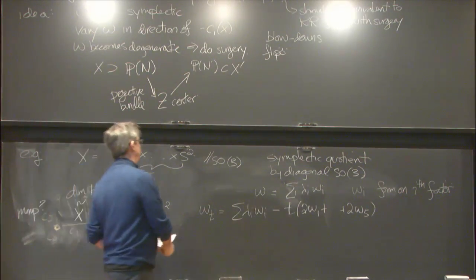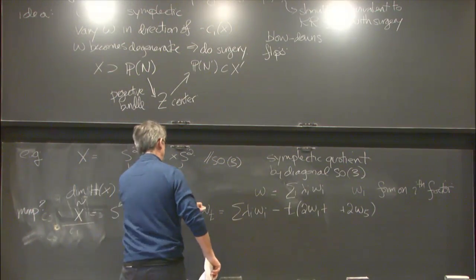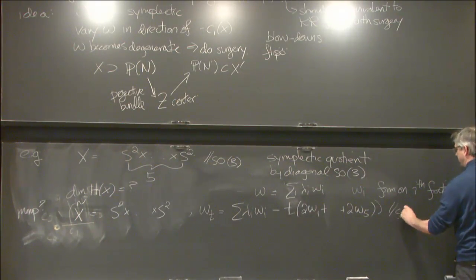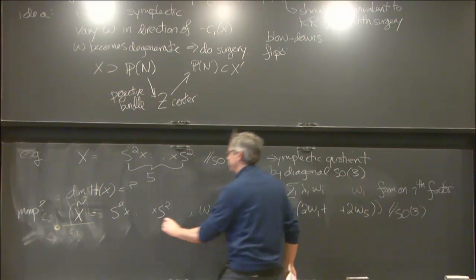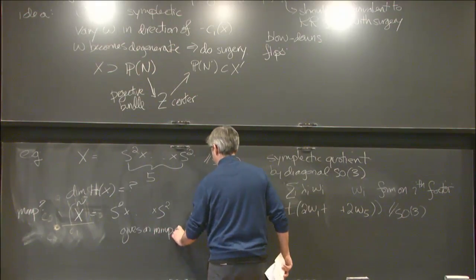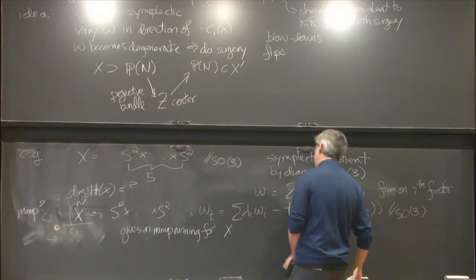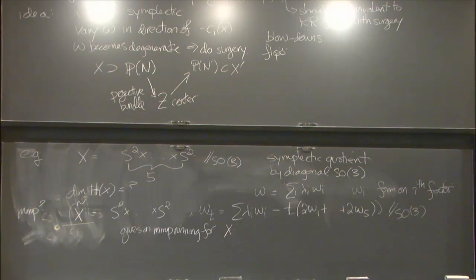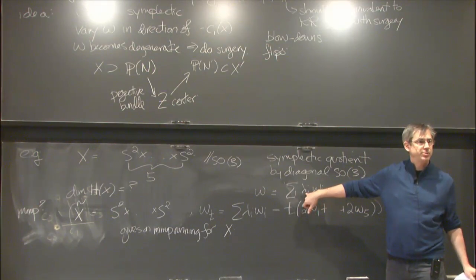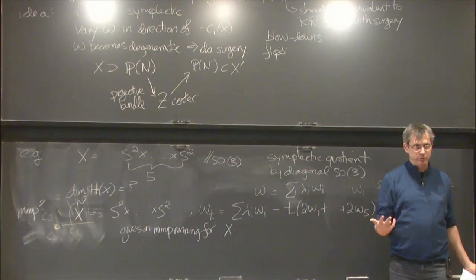So what happens here is that the symplectic quotient of this pair by SO3 gives an MMP running for my original space. Now, for the diagonal symplectic form, if all of the lambda i's are equal, this is not that interesting, because then all the spheres are just shrinking at the same rate. So there are no surgeries in that case.